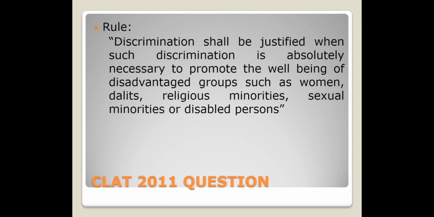Now let's look at a sample question from constitutional law. The given legal rule is: discrimination shall be justified when such discrimination is absolutely necessary to promote the well-being of disadvantaged groups such as women, Dalits, religious minorities, sexual minorities, or disabled persons.